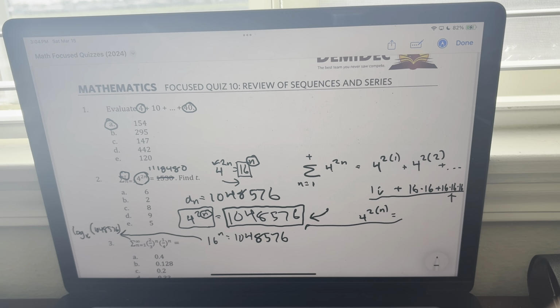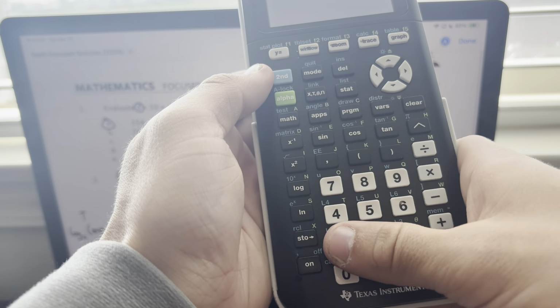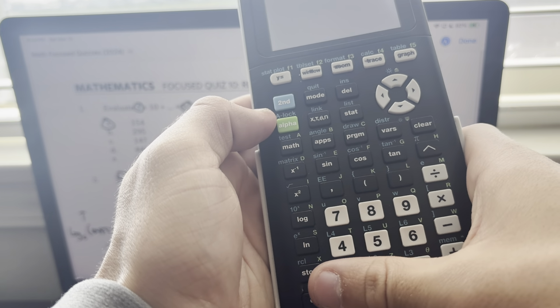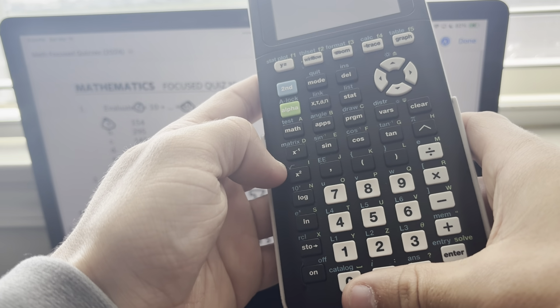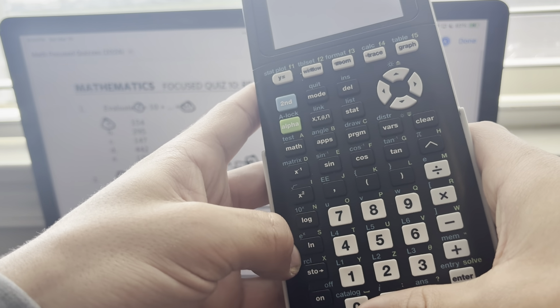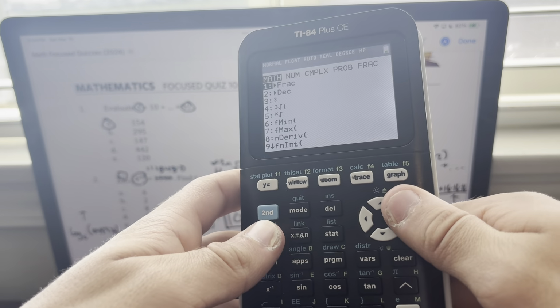104.8576, and so we can then say, based on this answer, which how you do that in the calculator is you go to, where is my log base? I believe it might be in math.